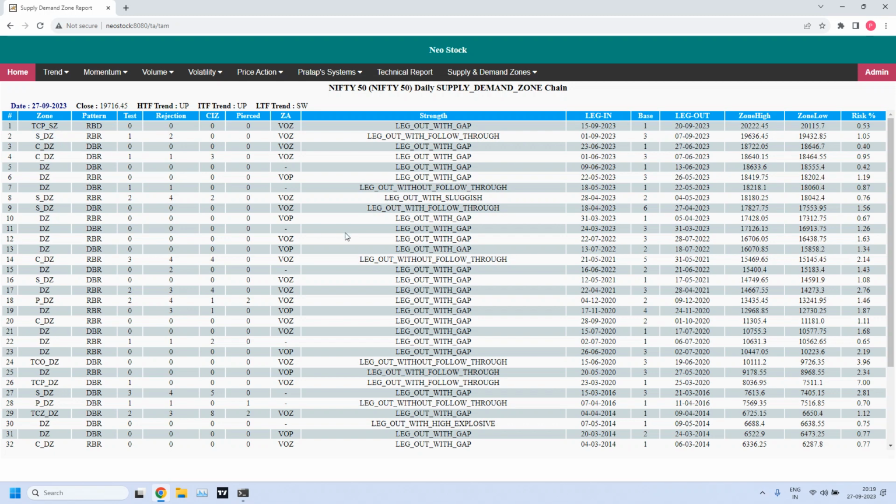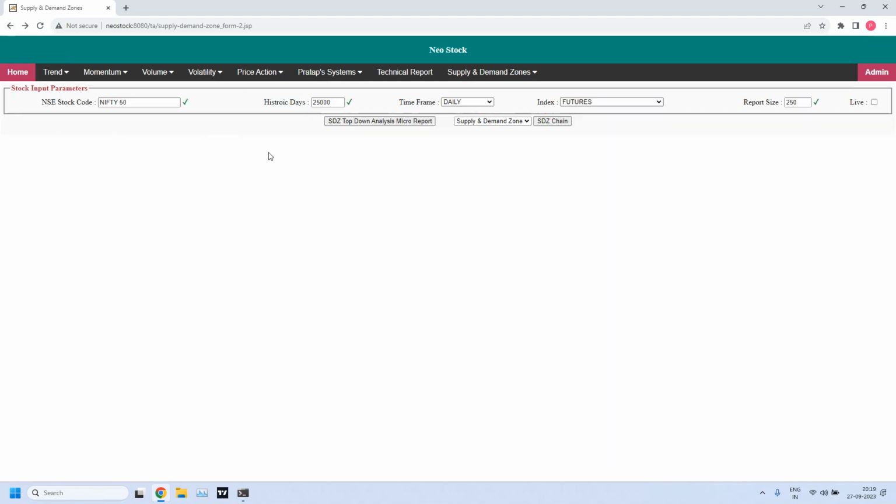Okay, now let's go back and look into the 125 minutes time frame. 125 minutes is almost equivalent to 2 hours. But before that, note the daily time frame is sideways at present. So let's go back, change the time frame to 125 minutes, and generate the supply and demand zone chain for the 125 minutes time frame.